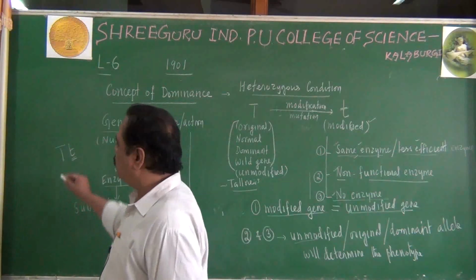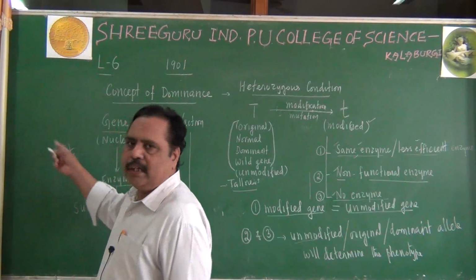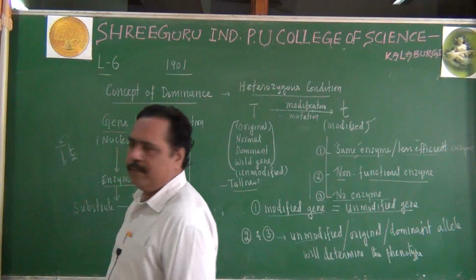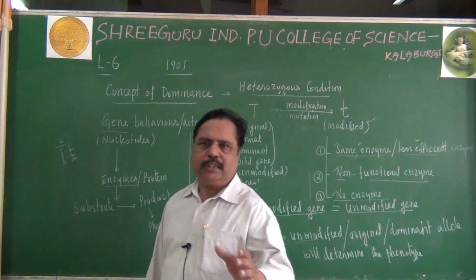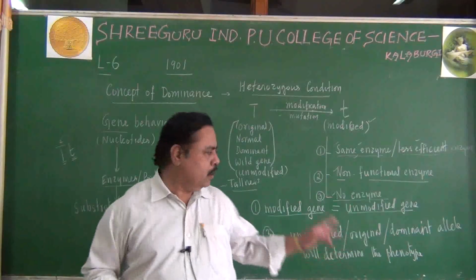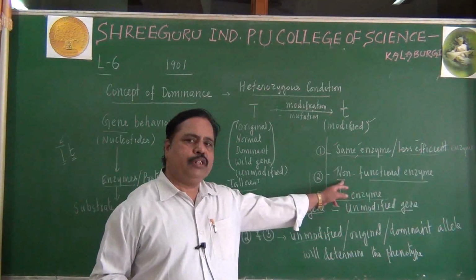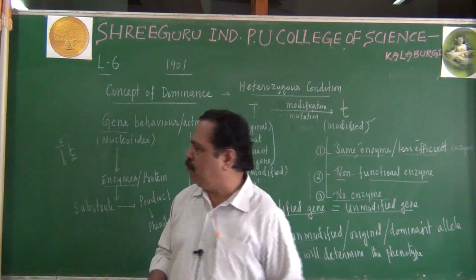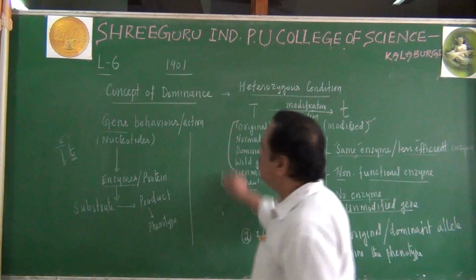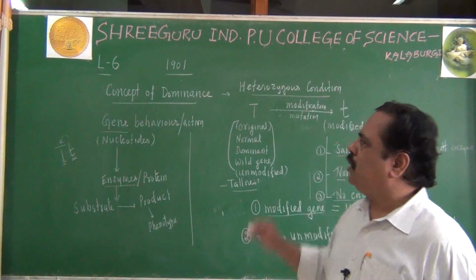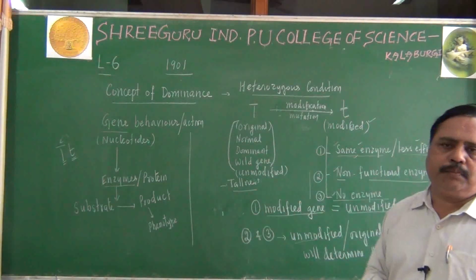Then the phenotype depends on capital T only. So in the presence of capital T, the small t does not function, and no functional enzyme is produced. Then it will become a dominant phenotype. This is how the law of dominance, or concept of dominance, is explained.